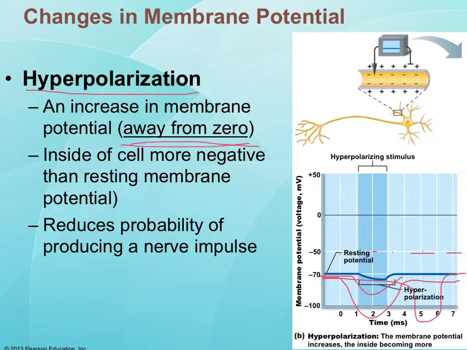An action potential will be generated if the membrane potential reaches the threshold, sometimes around -50 or -55. Since the membrane potential goes away from 0 in hyperpolarization, it goes away from the threshold. So hyperpolarization will reduce the probability of producing a nerve impulse.